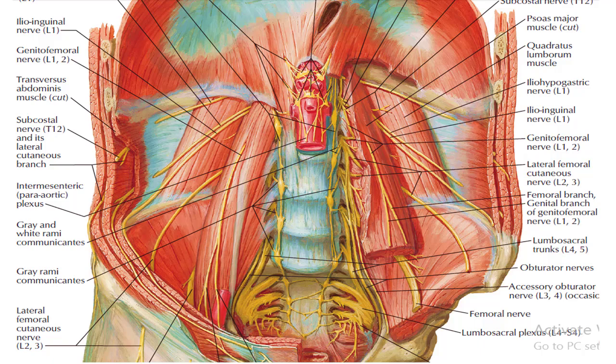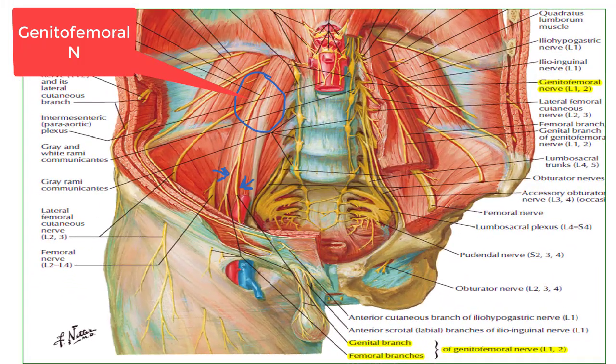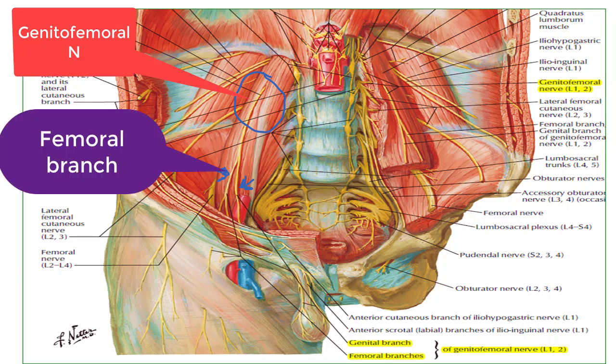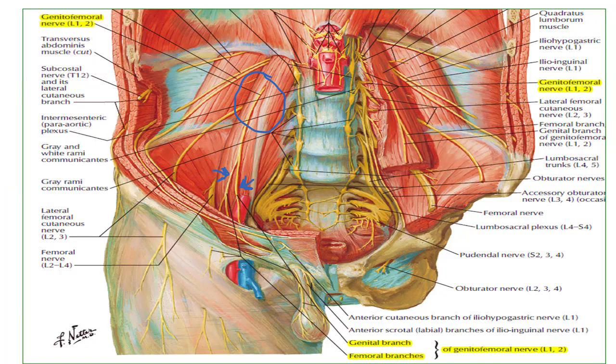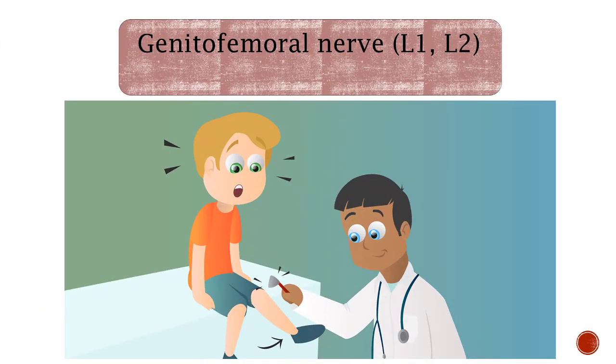So after covering the relation of these nerves, we are going to look towards the genitofemoral nerve that is on the surface of the psoas muscle, and we can see it divides into two branches. The lateral branch is the femoral branch and the medial branch of the genitofemoral is the genital branch. This nerve takes part in a reflex, and that reflex is the cremasteric reflex.